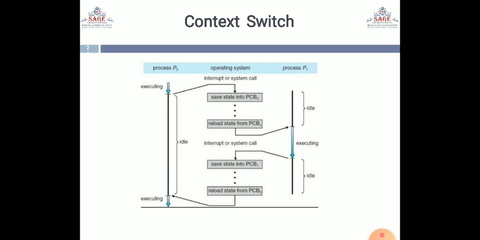After that, P0 remains idle, because whenever P0 is initiated, an interrupt or system call is generated. So P0 should stop its execution and move to the suspended queue, where it waits until it is called again. At that time P1 executes, and after the completion of P1, P2 calls for its execution.